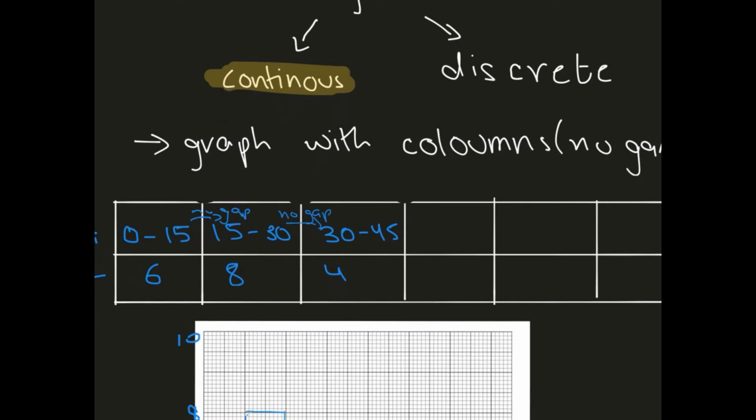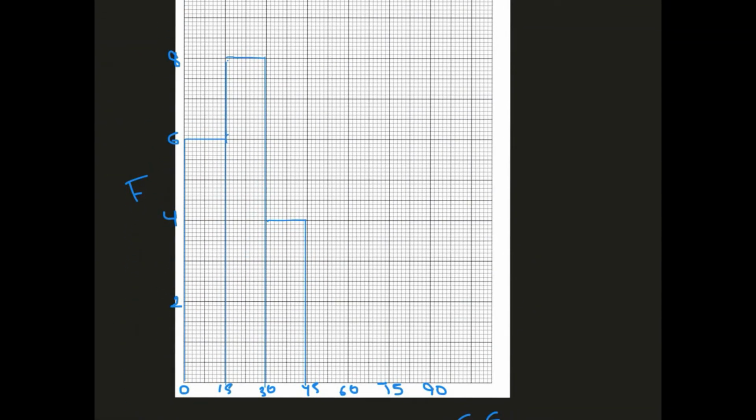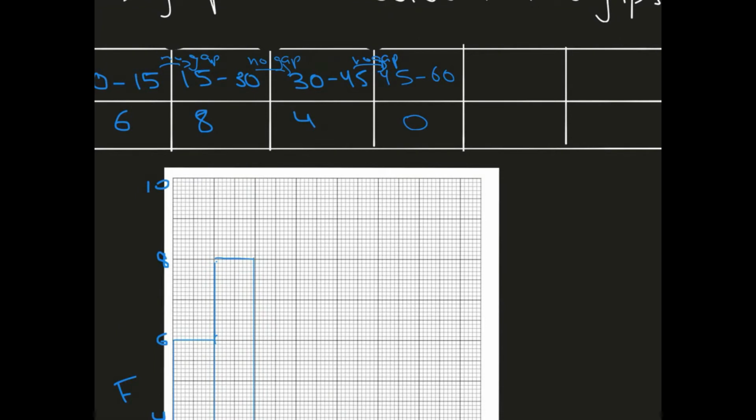So our condition of a histogram being a graph which has columns but no gaps between them is fulfilled. But what if our next group is from 45 to 60? So again, there is no gap over here, but the frequency of this 45 to 60 group is 0. So in that case, we won't have to draw anything over here. So it will be blank over here, right? So let's look at our next group, which is 60 to 75.